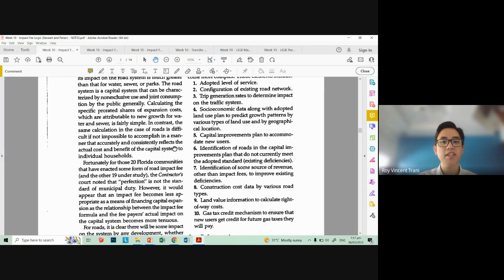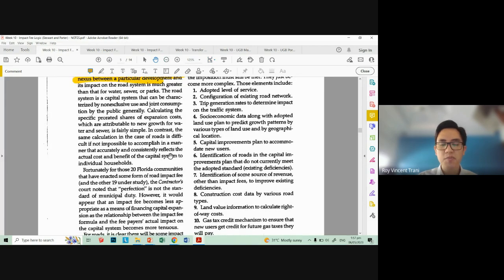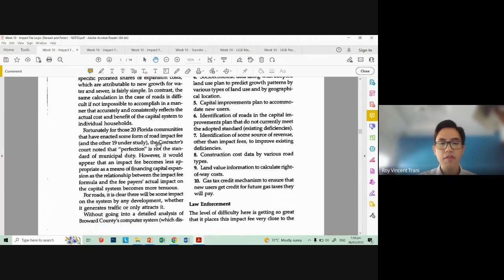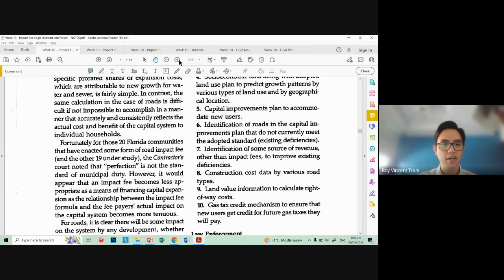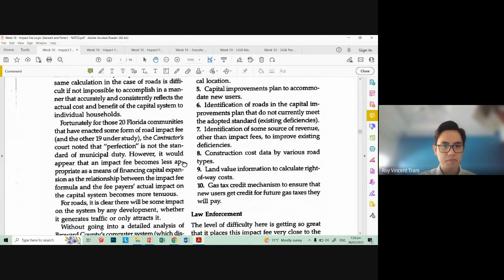So let me reiterate, it's almost impossible to accomplish in a manner that accurately and consistently reflects the actual cost and benefit of the capital system, meaning the road, to individual households. Fortunately, however, those 20 Florida communities that were highlighted in this case law have basically enacted some form of road impact fee.